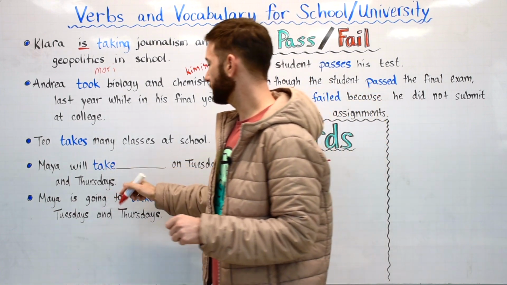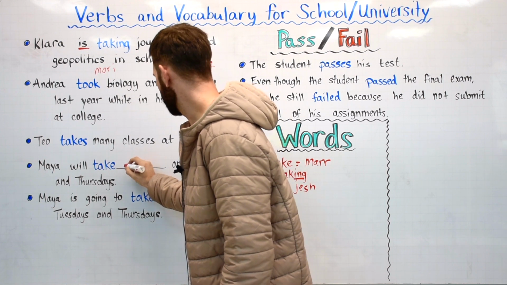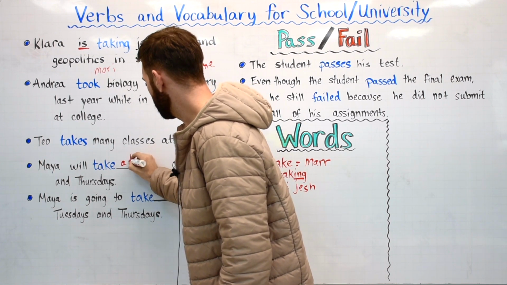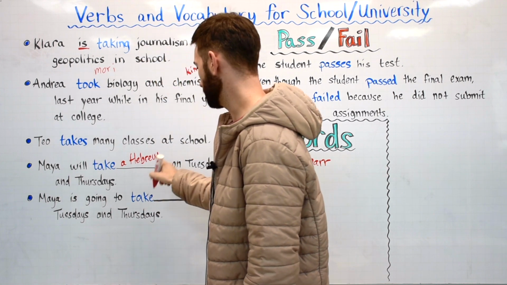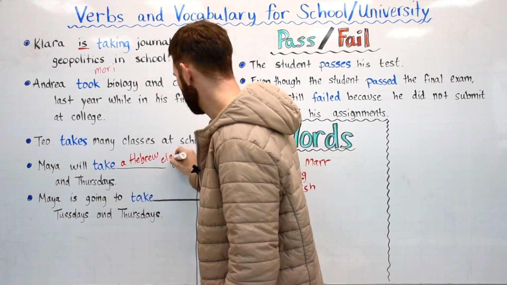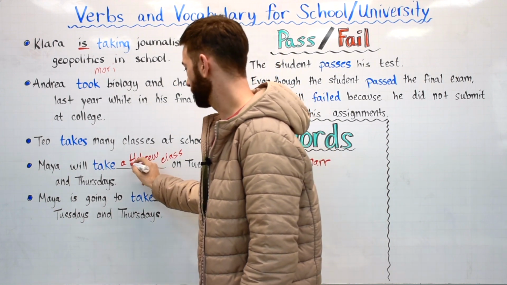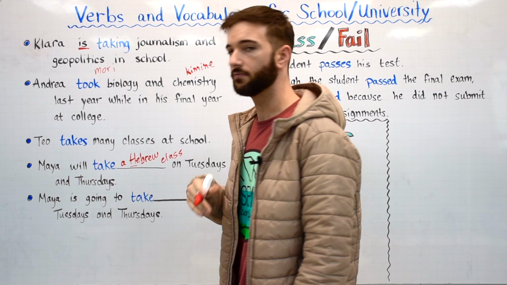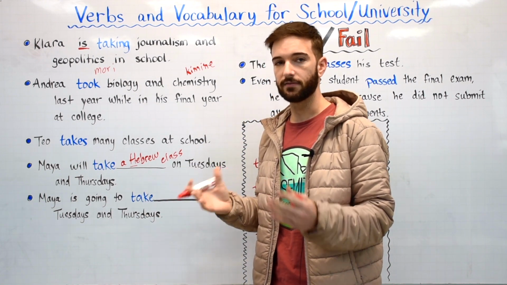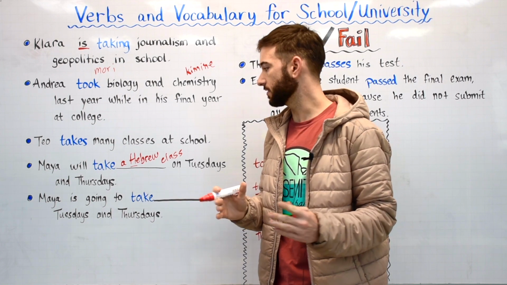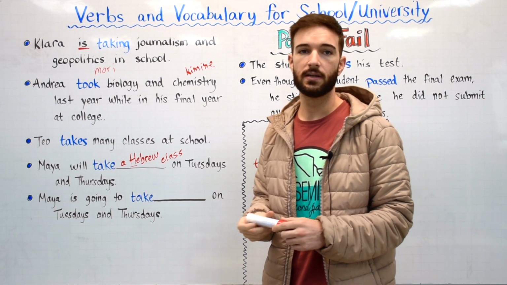So Maya will take, and then you put the name of the class, okay? A Hebrew class, Hebrew being the language spoken in Israel. The H is big, okay? It's a big H. Like if we say English class, the E is big. If we say a French class, the F is also big. Maya will take a Hebrew class on Tuesdays and Thursdays.